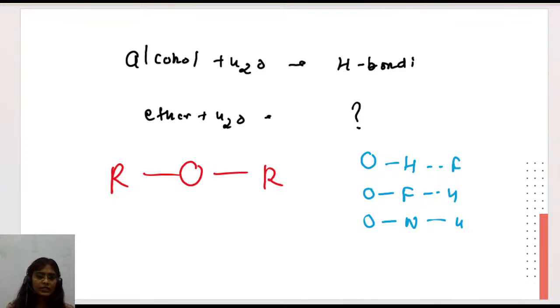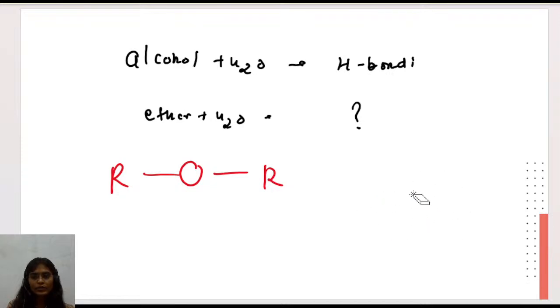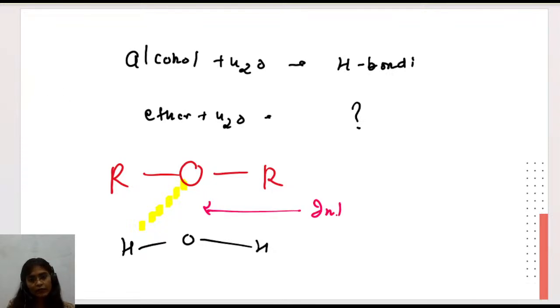So I'm erasing this. There is no hydrogen bonding between ether molecules. But if you add the ether into the water, now they have hydrogen bonding. Look at this oxygen. Yes, there's hydrogen bonding present. Which kind? Between molecules, not inside the ether. It's an inter type of hydrogen bonding, intermolecular hydrogen bonding between two molecules.